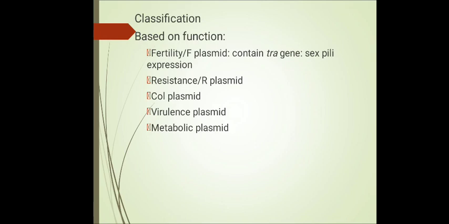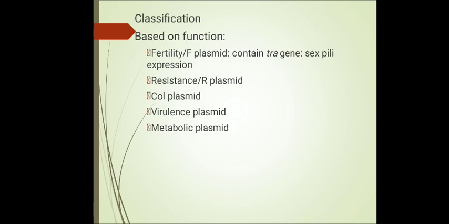So the R plasmid plays an important role as a resistance factor, which codes the gene for the destruction or modification of antibiotics and makes the bacteria resistant to the antibiotic. Then the col plasmid plays an important role in the breakdown of various complex materials.